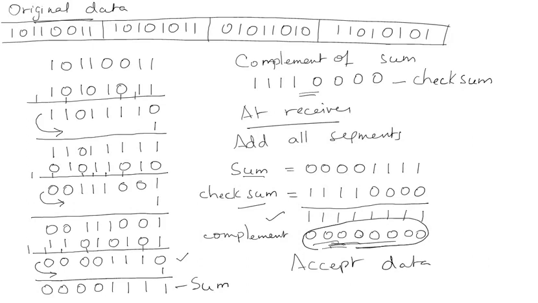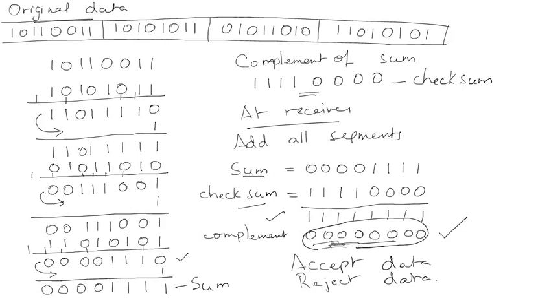If there is even a single one or more than one, then the receiver will reject the data. So the conclusion is that after finally complementing, you should get all zeros. This is an indication to the receiver that there is no error in the received data.